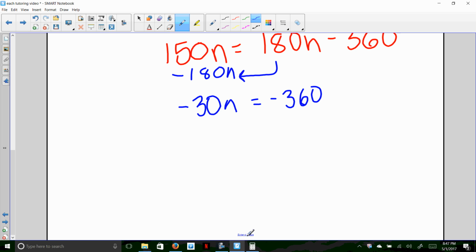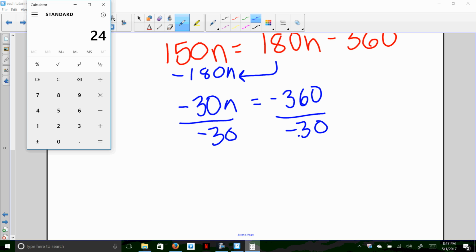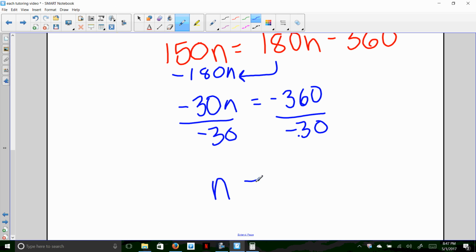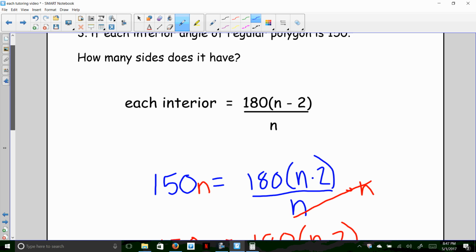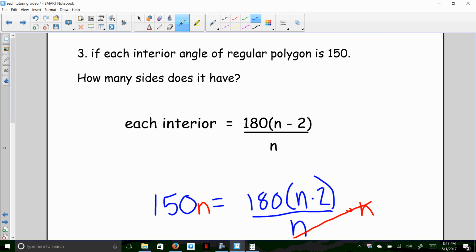When we divide by negative 30 on both sides, our number becomes positive again, negative divided by a negative. So 360 divided by 30, and this polygon has 12 sides. If each interior angle of a regular polygon is 150, it has 12 sides.